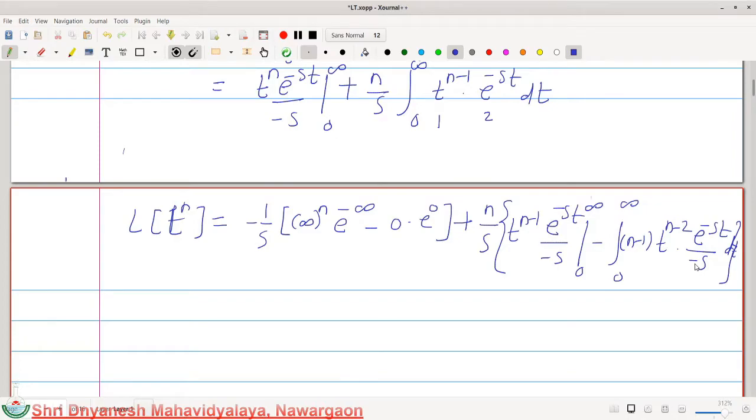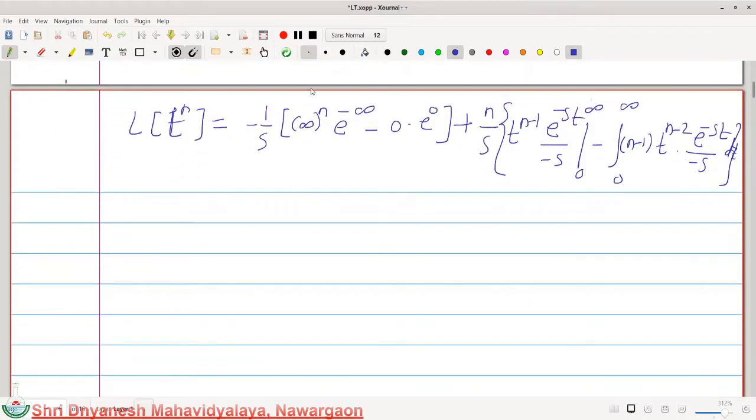Okay, so we move further. So this is Laplace transform of t power n equals, so e to the power minus infinity becomes 0, 0 into anything is 0, minus 0 into this is 0.